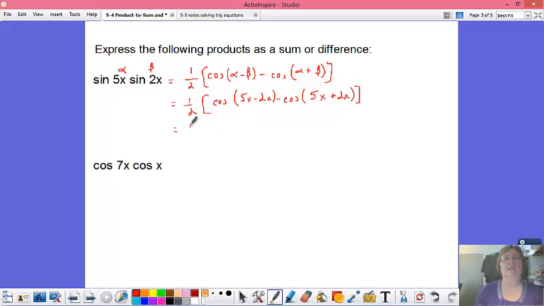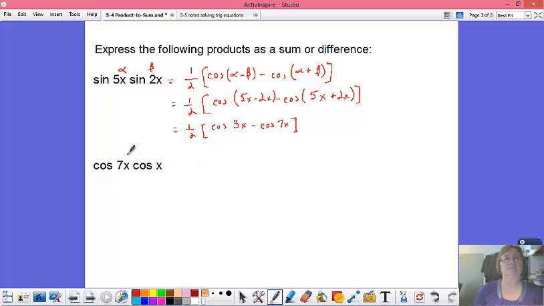And simplifying, we are going to have 1/2 times the cosine of 3x minus the cosine of 7x. And what we've done is just convert from a multiplication expression to an addition or subtraction expression.